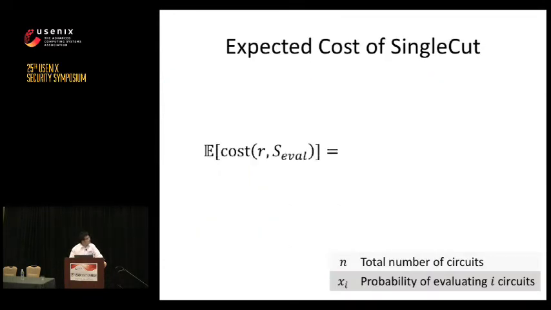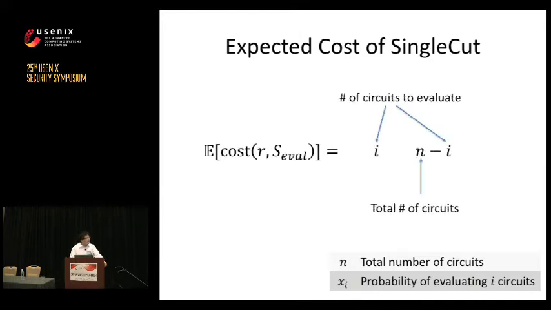Now we can examine the expected cost of SingleCut. Please note that here, the cost doesn't depend on the generator's strategy. Now assume that i circuits are evaluated and n minus i circuits are checked. Then the cost of evaluating i circuits is i times R, and the cost of checking n minus i circuits is (n minus i) times 1.